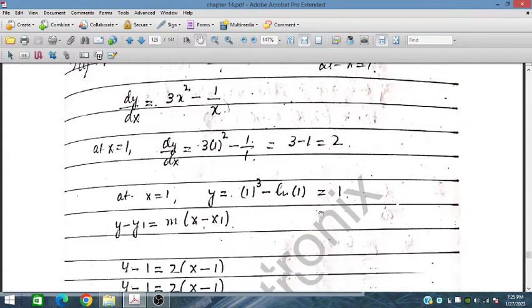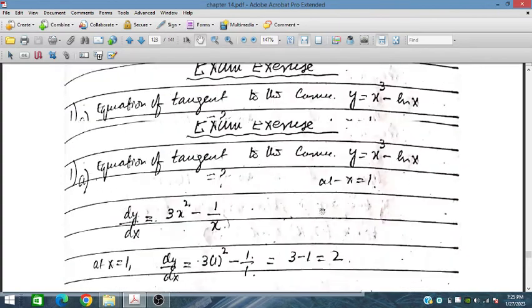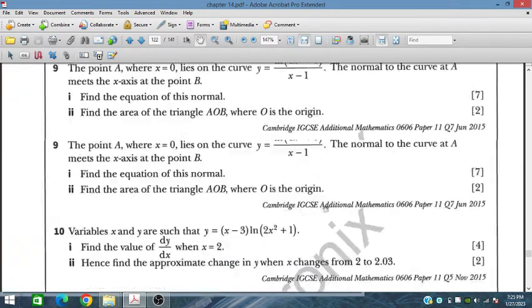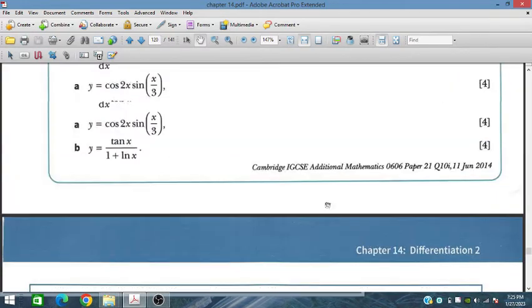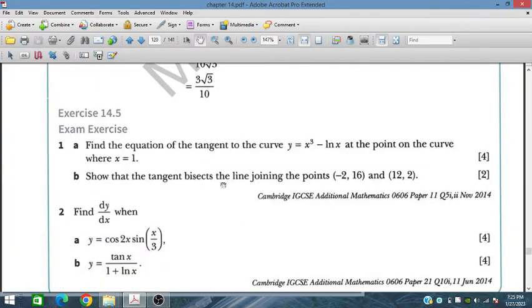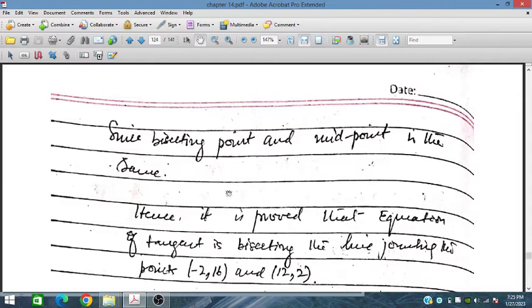So this is the first part, and let's solve the second part. Show that the tangent bisects the line joining these two points. So we have to see that this bisects the line.